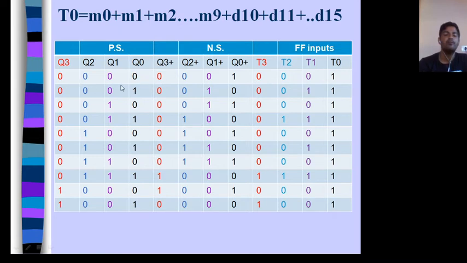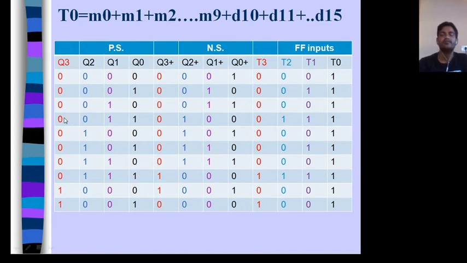Just copy from here to the next line. Next state of 1 is 2, so 0, 0, 1, 0. Next, 2 is 0, 0, 1, 0, and the next state will be 0, 0, 1, 1.